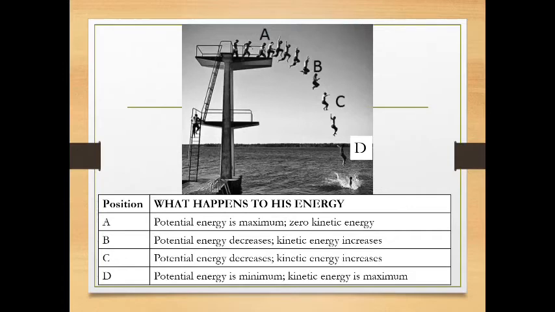At position B, potential energy decreases, while kinetic energy increases. At position C, potential energy decreases, while kinetic energy increases. At position D, potential energy is minimum, while kinetic energy is maximum.